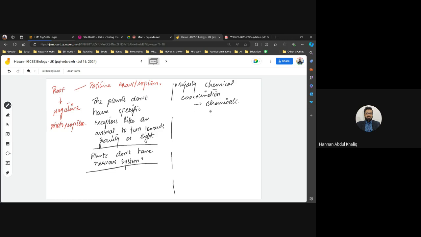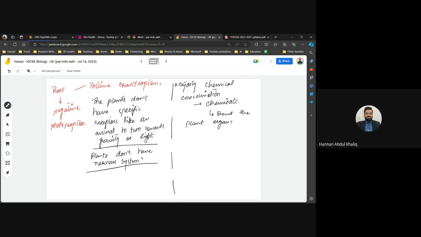Remember, these chemicals would help to bend the plant organs. The plant organs would be bent accordingly where the hormones are located, where the hormones are present.